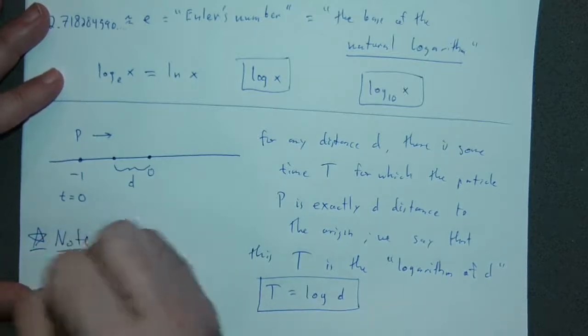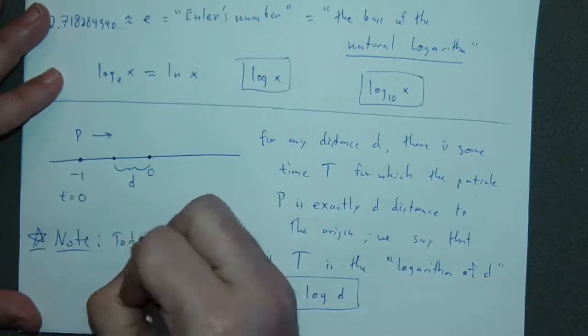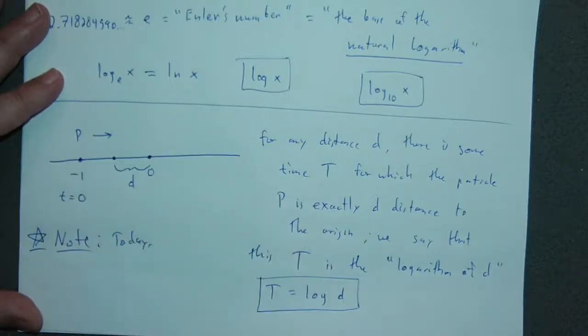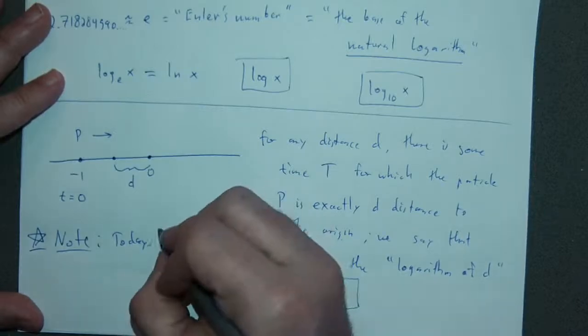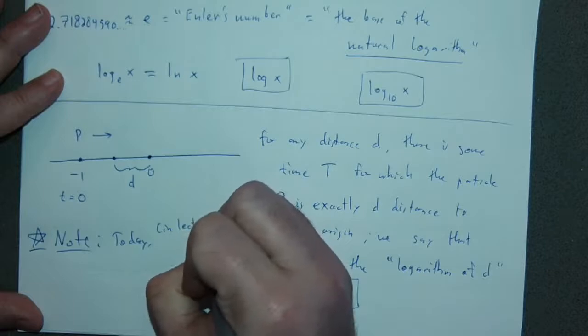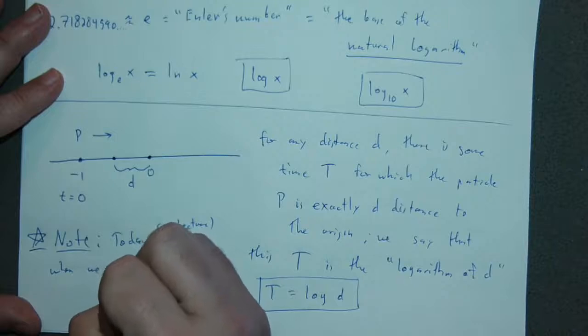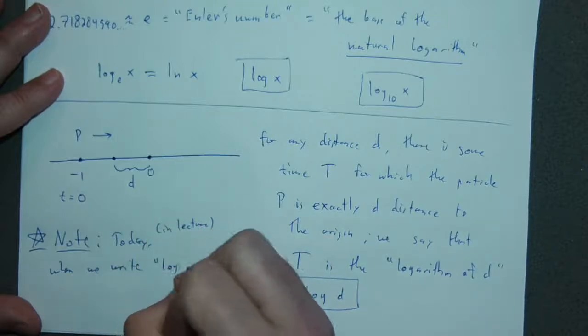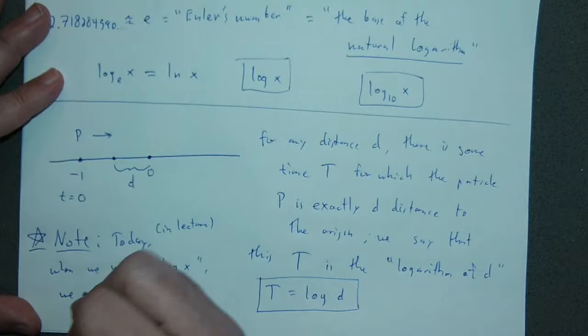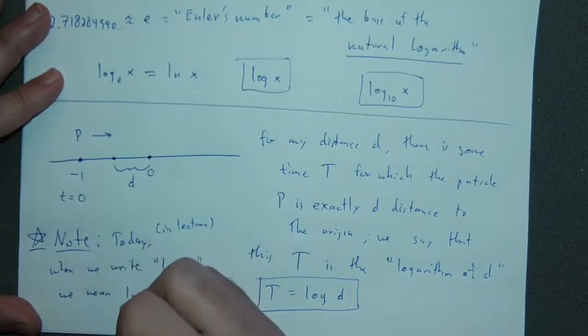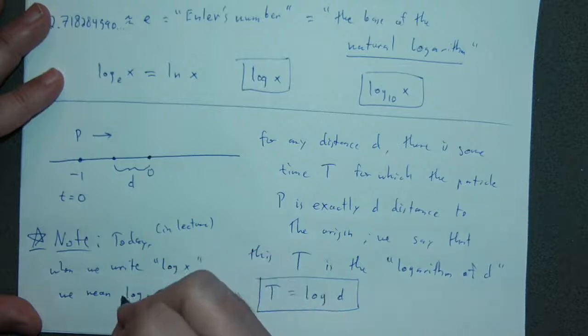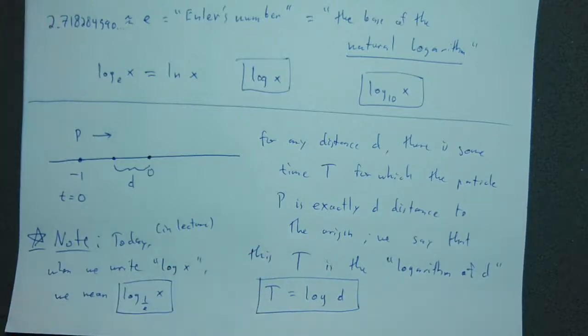So note, today, that means today in lecture, not today as in modern times. So today in lecture, when we write log x, we mean log base 1 over e of x.